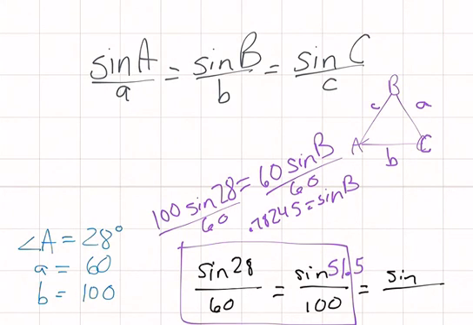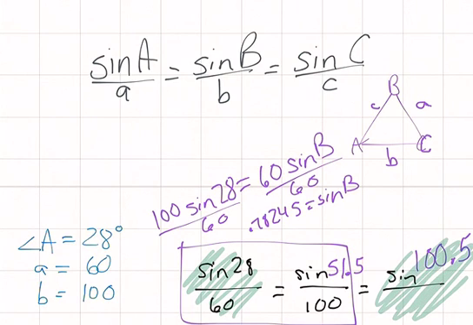Now that we know that, the next thing we can figure out is the third angle, because there's 180 degrees in a triangle. We subtract our 28 and our 51.5, which leaves us with 100.5. Now I'm going to use these two ratios right here, much like I did before.